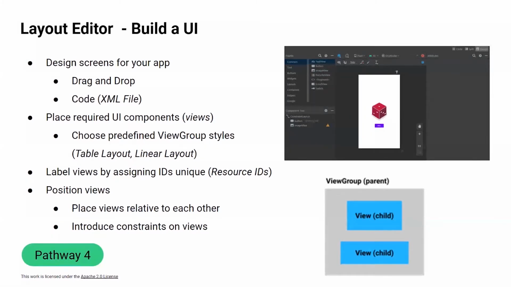It can have a table layout where all the views are arranged in a tabular form, or it can have a linear layout where all the views are arranged either horizontally or vertically. We'll be mostly dealing with constraint layouts throughout the course, which I'll talk about when we get to the code lab. But we can explore any other layouts that we come across as and when we require.